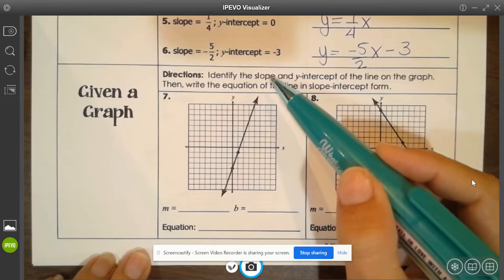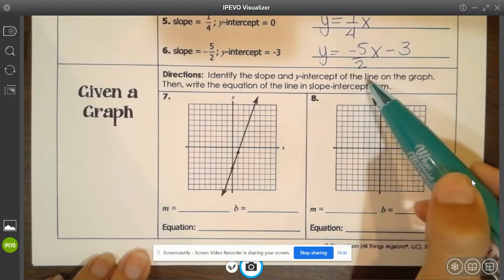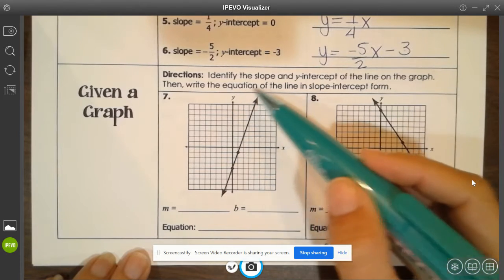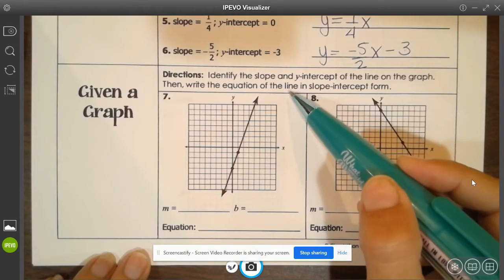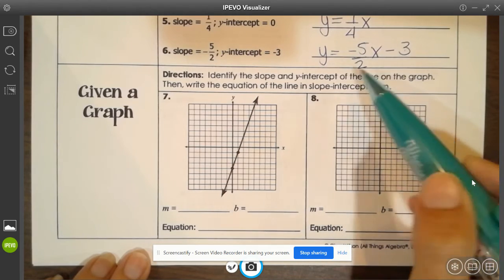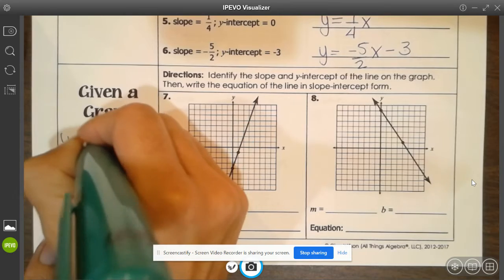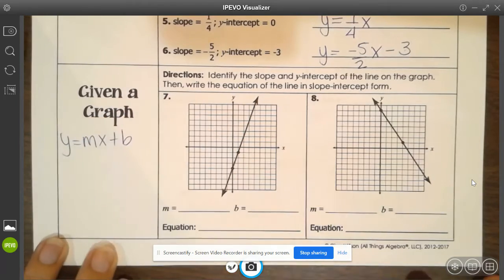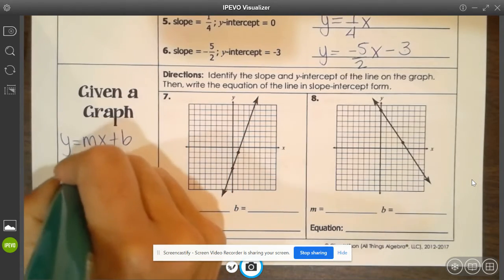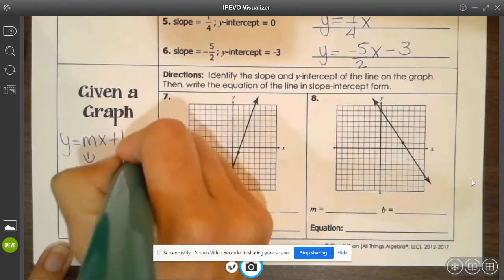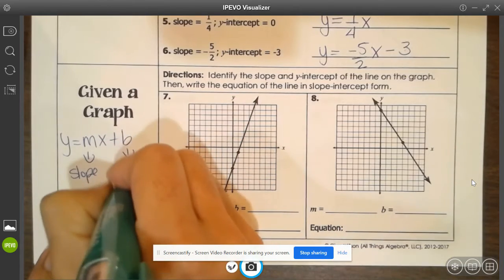It says identify the slope and y-intercept of the line on the graph. Then write the equation of the line in slope-intercept form. The slope-intercept form again is y equals mx plus b, where m is the slope and b is the y-intercept.